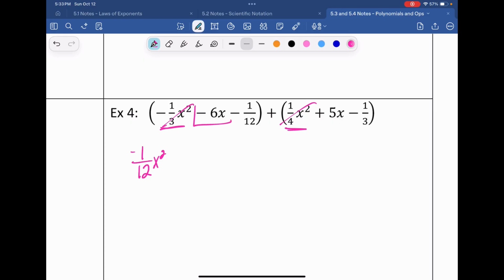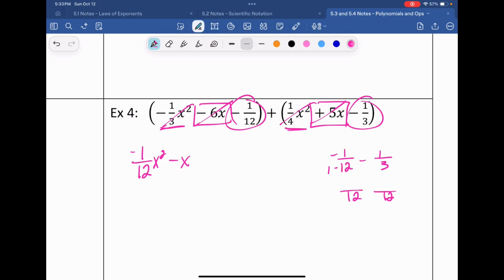Negative 6x, positive 5x, negative x, negative 1/12, negative 1/3. So times 1, times 4. So it's going to be negative 5/12. Again, do it in your calculator. I'm just doing it by hand because I don't have my calculator out.